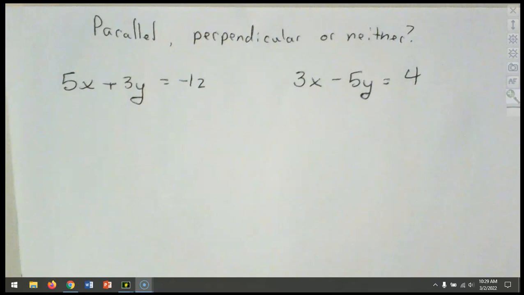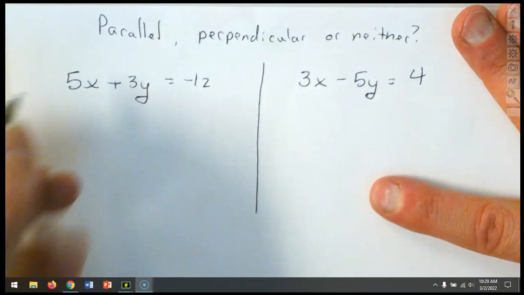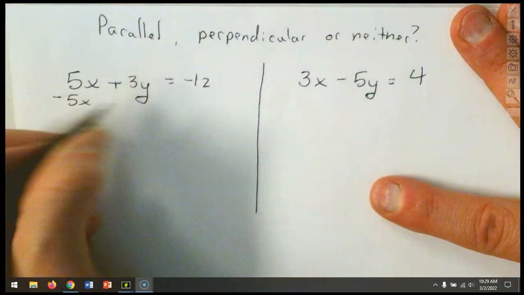So what I need to first do is make sure that they're all solved for y. You can't just look at it the way it is in standard form very easily. It's always better if you solve it for y. So let's go ahead and solve each of these for y and then see what we've got. So move the 5x over.